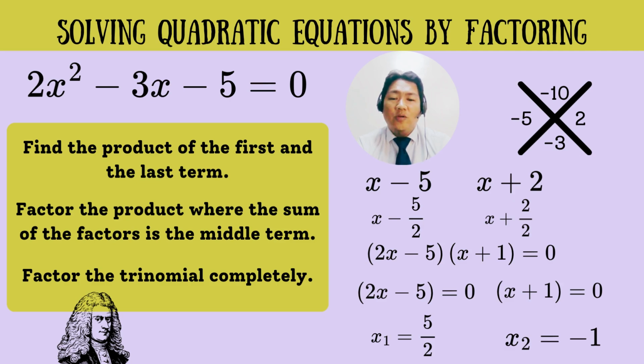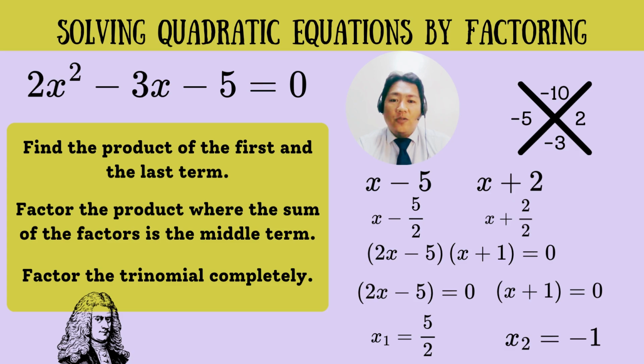Now we divide our factors by the leading coefficient, which is equal to 2. So we have x minus 5 over 2 and x plus 2 over 2. We will put the 2 to the left side of the first factor. So we have 2x minus 5. And since 2 over 2 can be simplified, that becomes x plus 1.